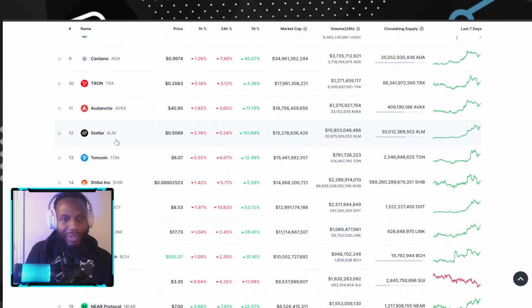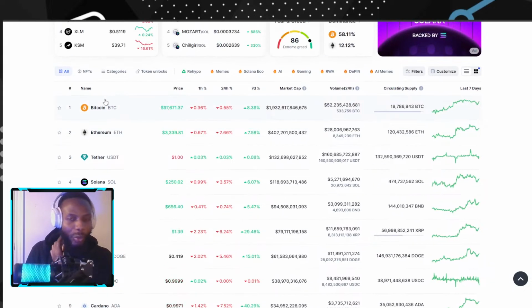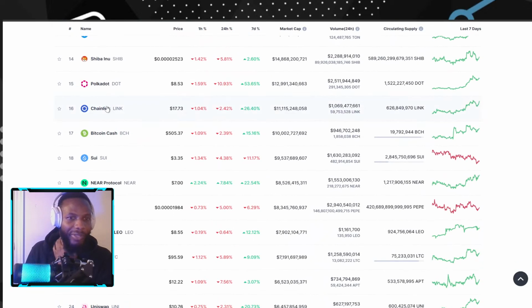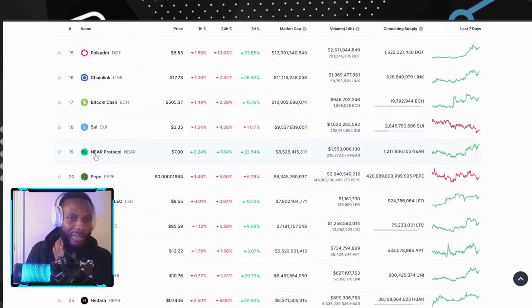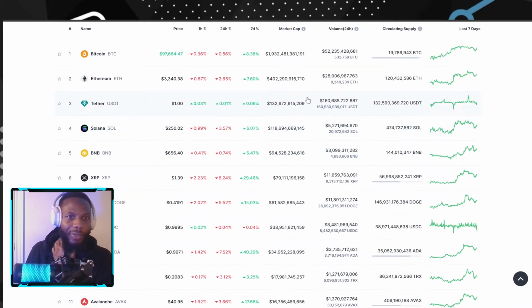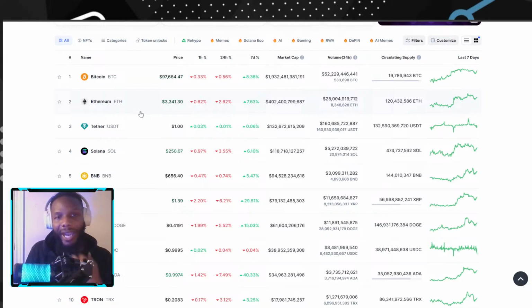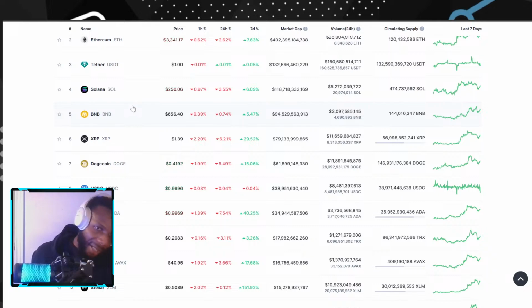If you don't know how to read market cap and know about token unlocks and layer ones, layer twos, and all the different little things about crypto, I would just stay in the top 25. But I just talked about Near as an AI coin, right? Near is in the top 20. As you can see, all of these are pumping and they have a lot of money behind them, a huge backing. So these are the more safe coins, the top 25.